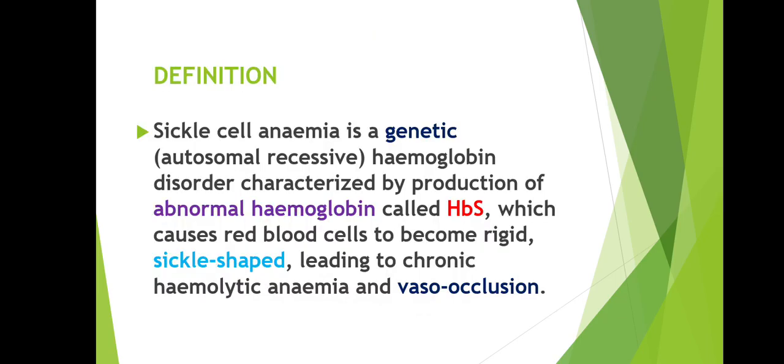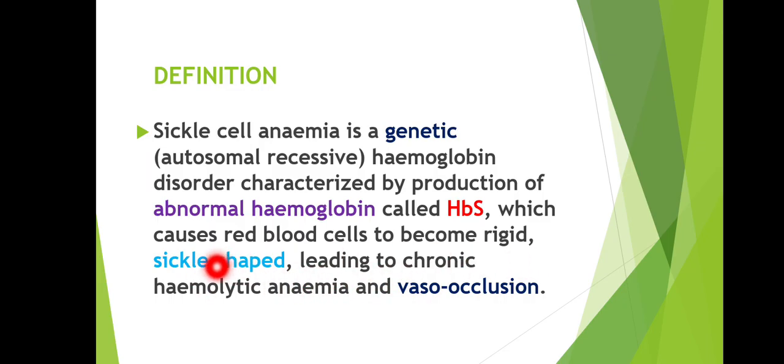Let's look at the definition of sickle cell anemia. Sickle cell anemia is a genetic, autosomal recessive hemoglobin disorder characterized by production of abnormal hemoglobin. The abnormal hemoglobin is HbS, which causes red blood cells to become rigid and sickle-shaped, leading to chronic hemolytic anemia and vaso-occlusion.